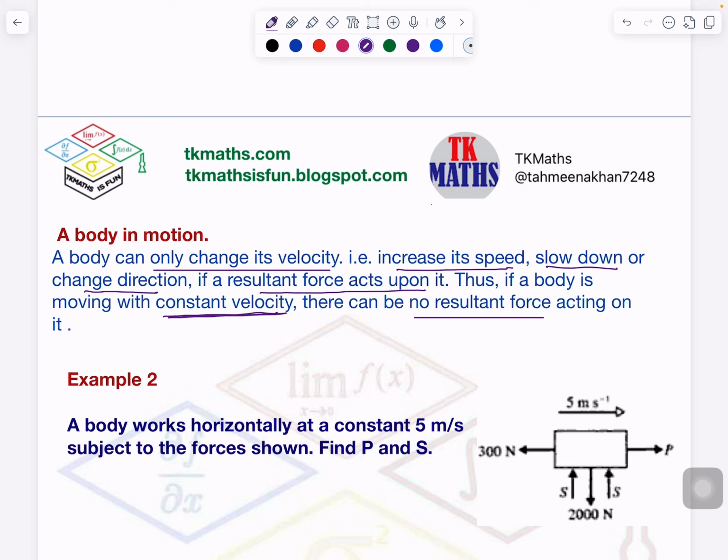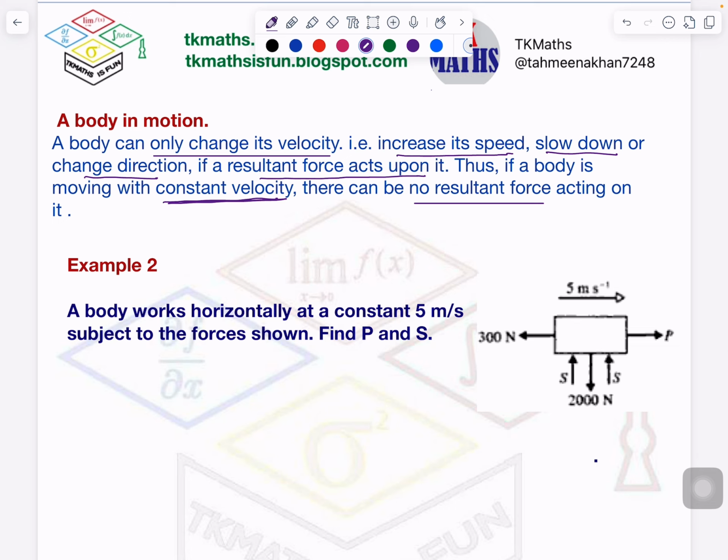So if something is moving with uniform motion, you will deal with the forces exactly the way you deal with them in the rest position. So let's see this example. The body is moving horizontally at a constant speed of 5 meters per second.